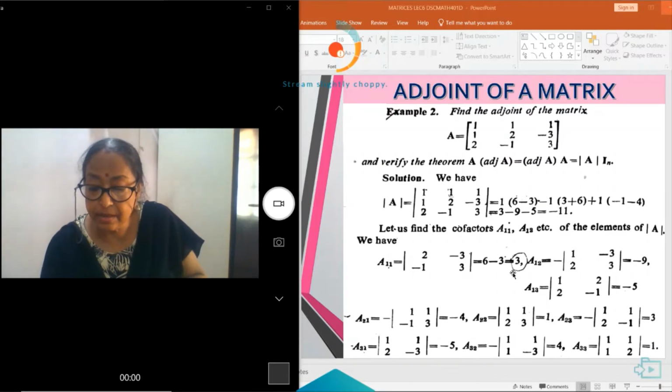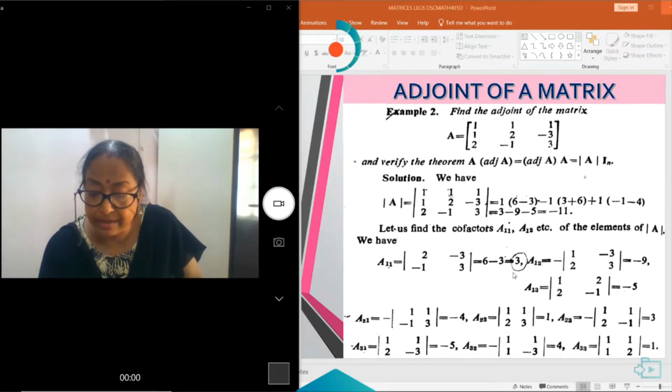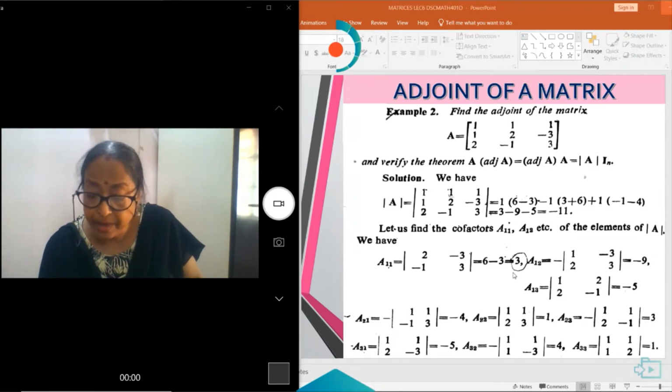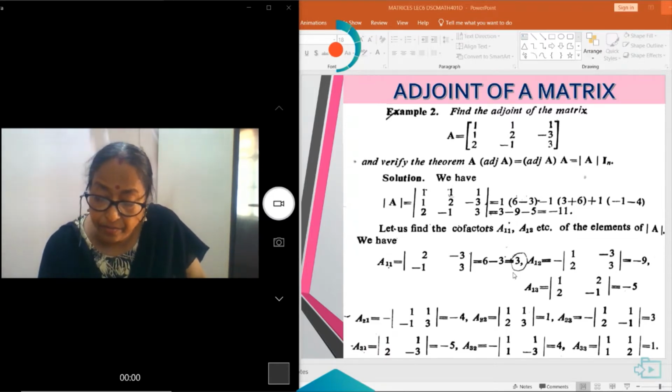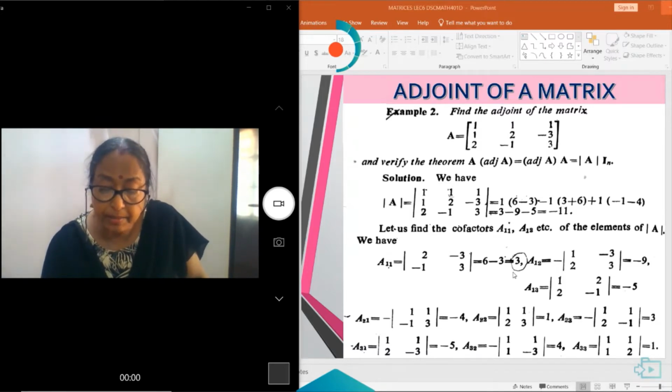Find the adjoint of the matrix A = [1, 1, 1; 1, 2, -3; 2, -1, 3], and verify that A into adjoint A is equal to adjoint A into A is equal to determinant of A into In, meaning the unit matrix.